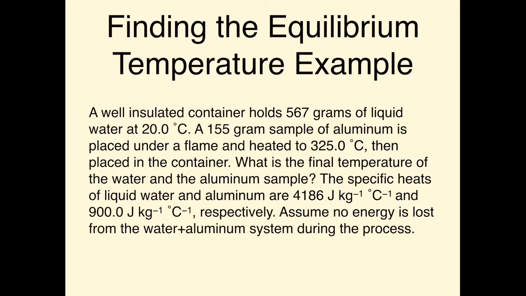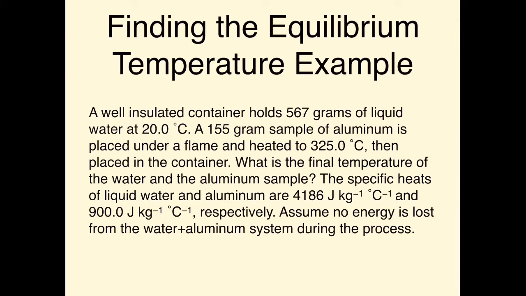Okay, so let's keep that concept in mind and do this example problem. So we have a well-insulated container that holds 567 grams of liquid water initially at 20 degrees Celsius. We have a 155 gram sample of aluminum that's placed under a flame and heated to 325 degrees Celsius, and then it's placed in the water.